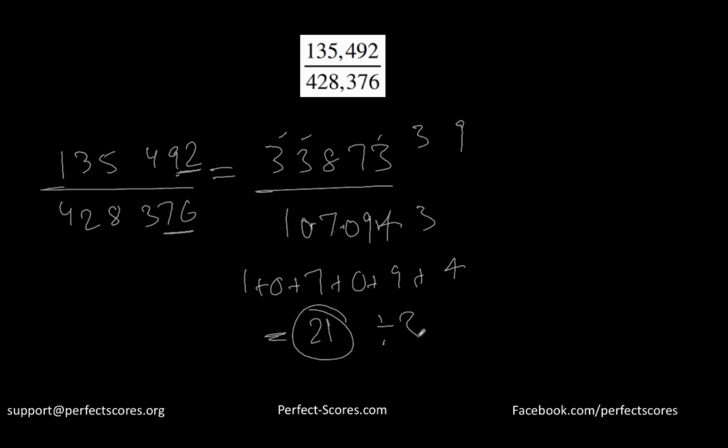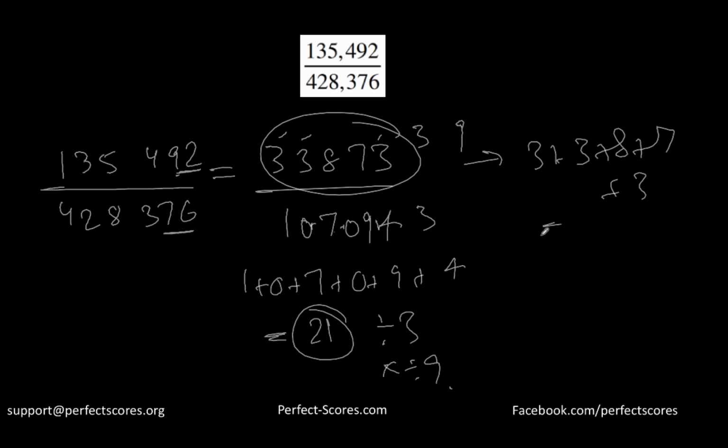Now 21 is divisible by 3 but not by 9. And if you add these digits, 3 plus 3 plus 8 plus 7 plus 3, it comes to 27. This is divisible by 3 and by 9. So I hope you're able to understand my point here.